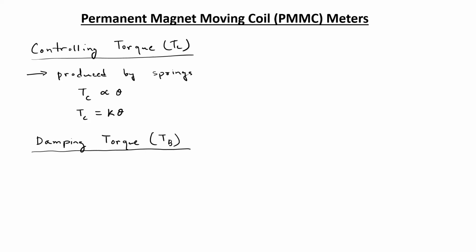This phenomenon will cause some weakening of the main field, and in a sense it can be said that it is causing some opposing torque that is slowing down the deflection of the entire coil arrangement. So this phenomenon is often called eddy current damping.